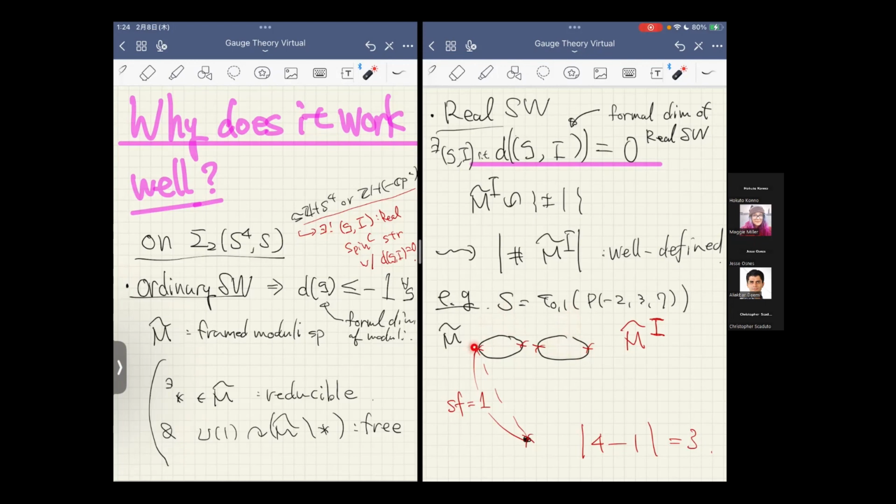And the spectral flow between the reducible solution and the irreducible solution is 1, so we can compute our invariant is 3. So this is an example of our invariant. This is an example of our situation.